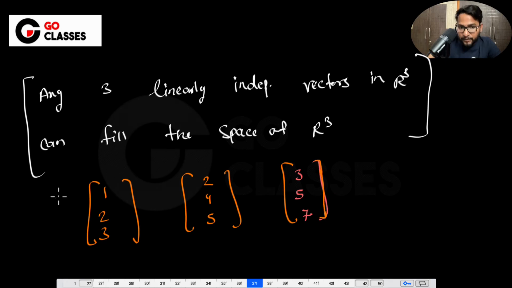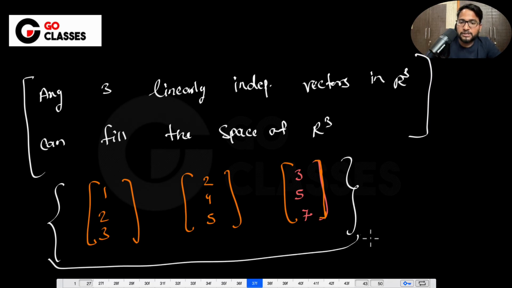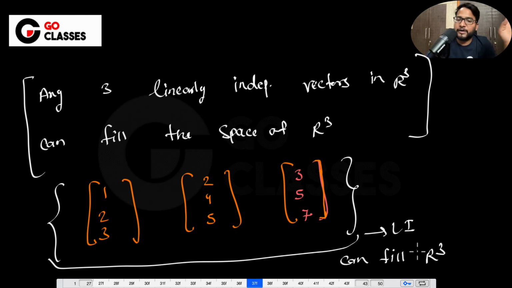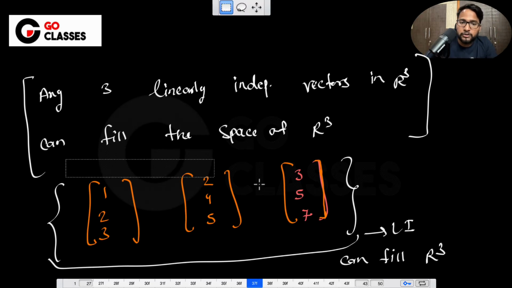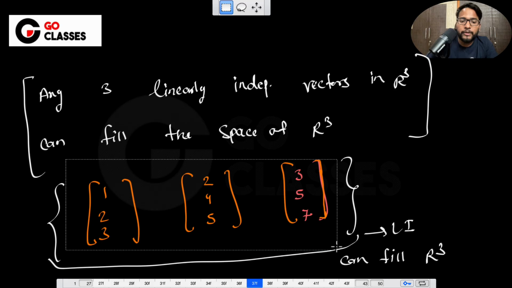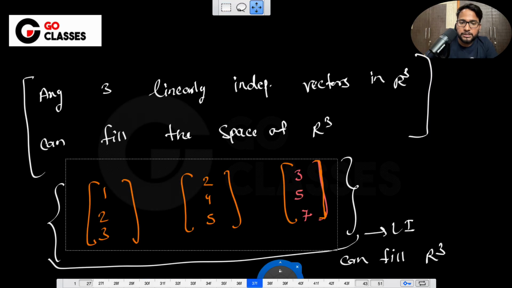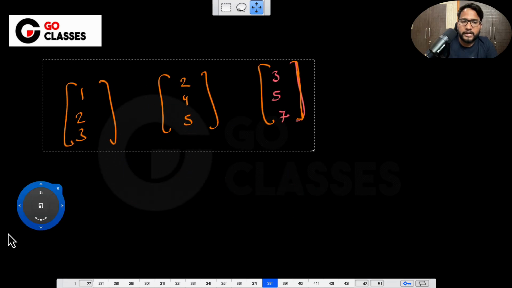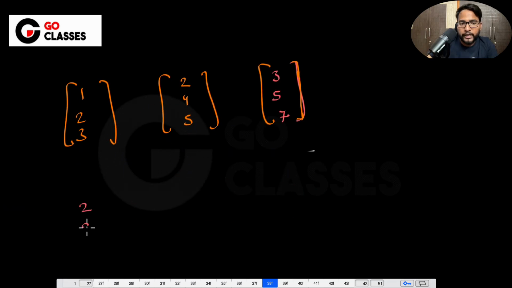That method we will discuss later, but for now just assume that these are linearly independent. If these are linearly independent, then these three can also fill R3. So basically any three linearly independent vectors. What do I mean by that? It means that you give me any vector, let's suppose 2 9 11.